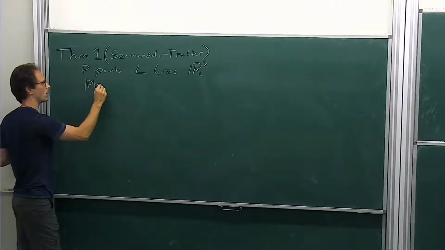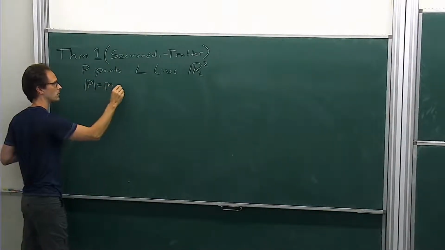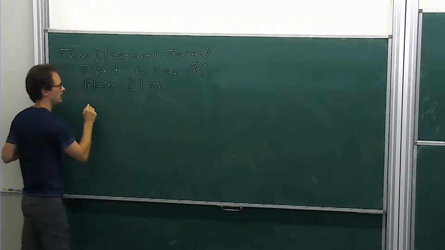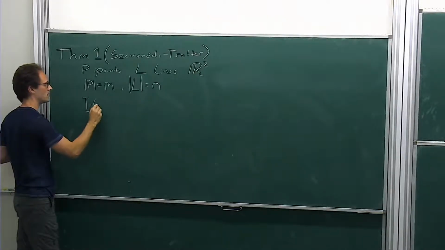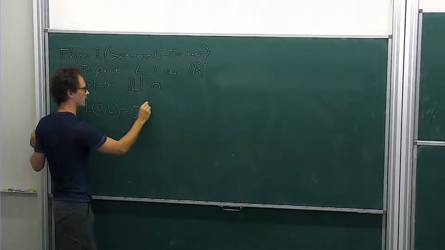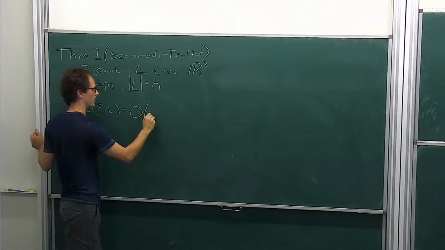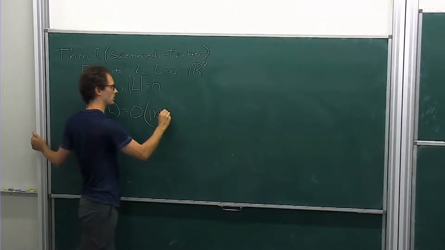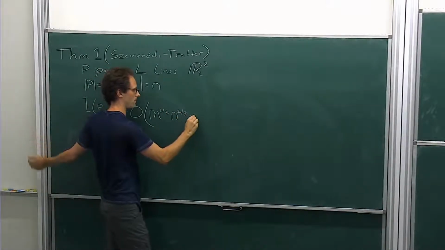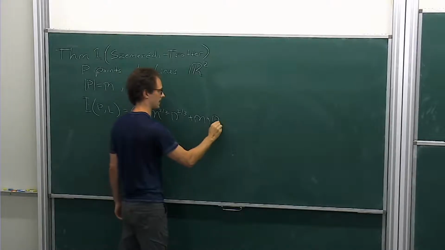We're going to always keep m as the number of points and n as the number of lines. Then the number of incidences between the points and the lines is at most order m^(2/3) n^(2/3) plus m plus n.